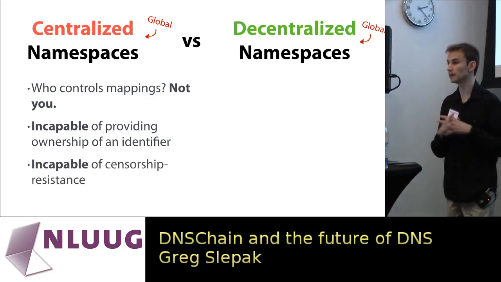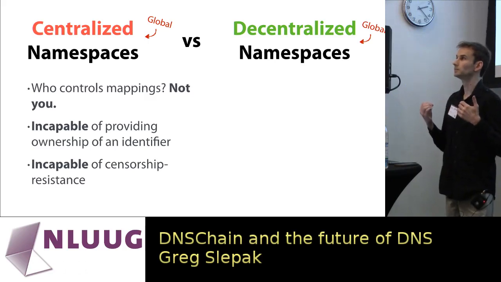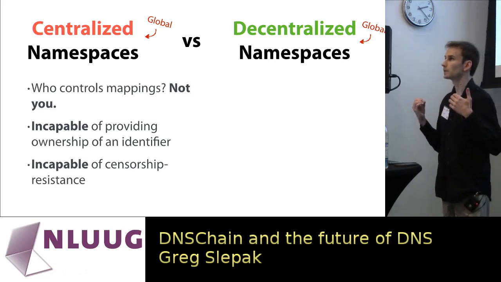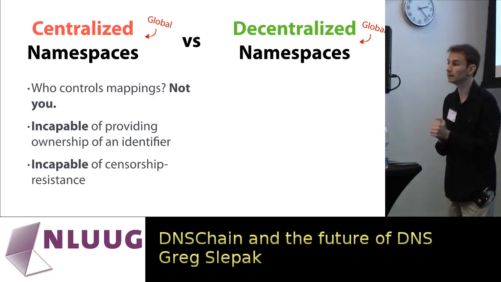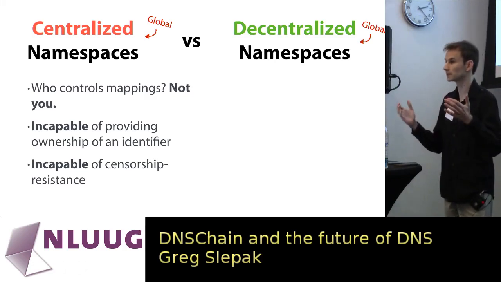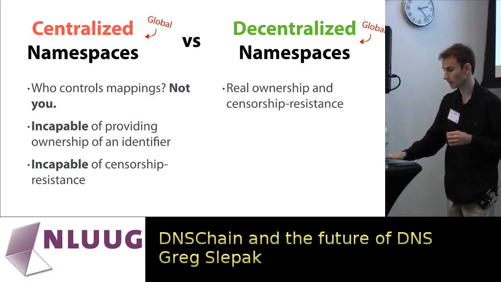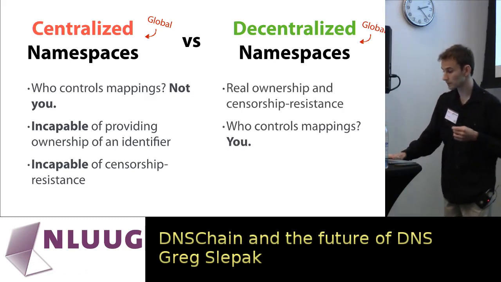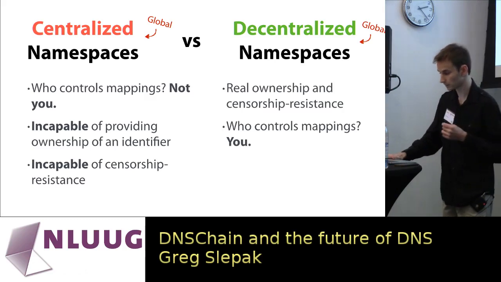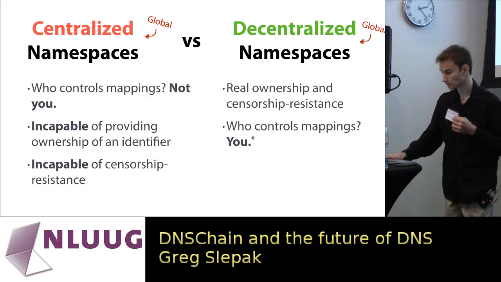Censorship resistance is the idea that it's resistant to censorship from any one entity. Well, obviously, one entity controls the namespace, so it can censor the namespace. Decentralized namespaces, on the other hand, provide censorship resistance and because of that, ownership. So who controls the mappings? You do.